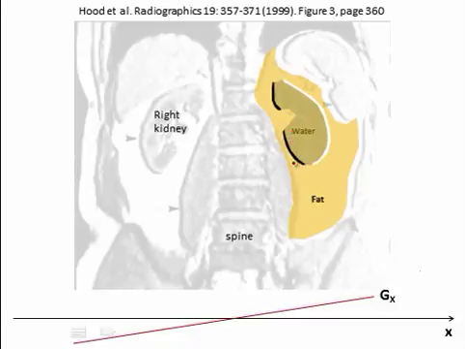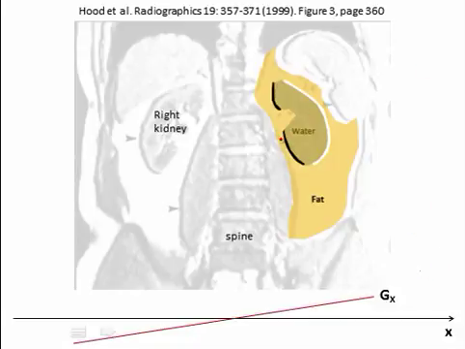Let's just look at the dark band. If the gradient were in the Y direction, the position of the dark band at the top or bottom of the organ would depend on the polarity of the gradient in the Y direction.